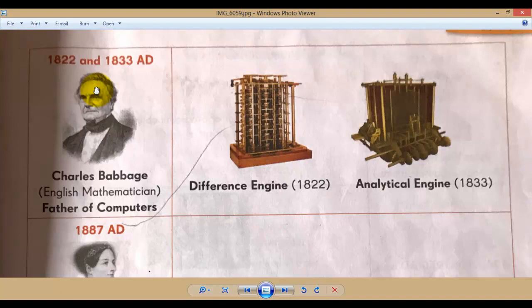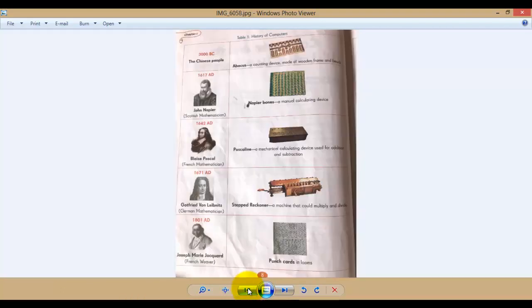Because the one which he developed, the difference engine, is different from the previous versions of devices. Previous devices means this punch card, Step Reckoner, Pascaline, Napier's bones or abacus, the earlier versions of devices.